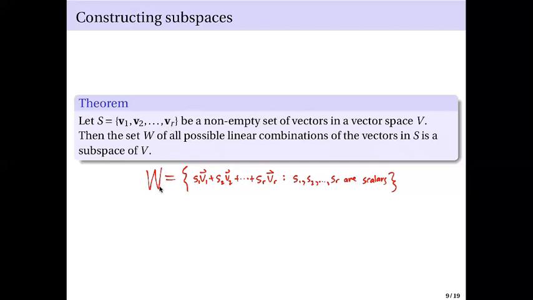Sorry, I think I said S and V are different. S and W are different. S is the collection of vectors V1, V2 until VR, while W is all possible linear combinations. So S is inside W, but there's more.